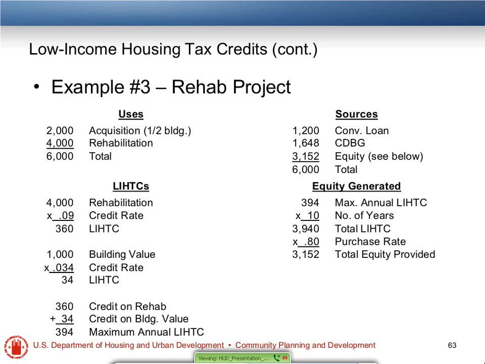The building value, half of acquisition, at the 4% rate, which we're using 3.4 in this example, another $34,000 in LIHTC credits per year, so a total of $394,000 in maximum annual low-income credits, which at 80 cents would provide a little over $3.1 million in equity to the project.